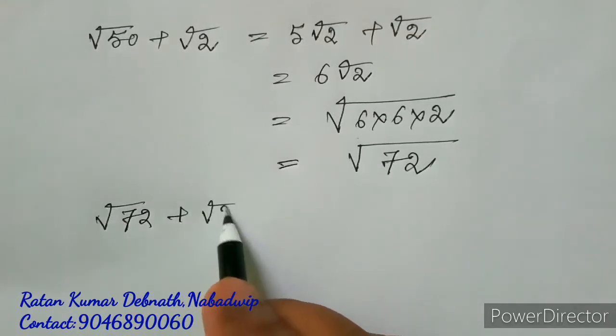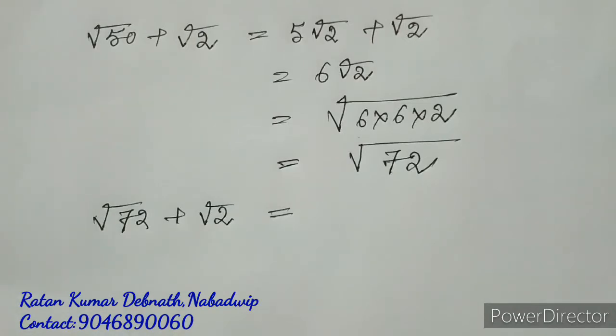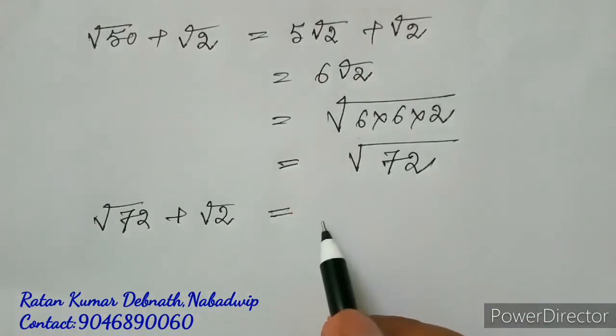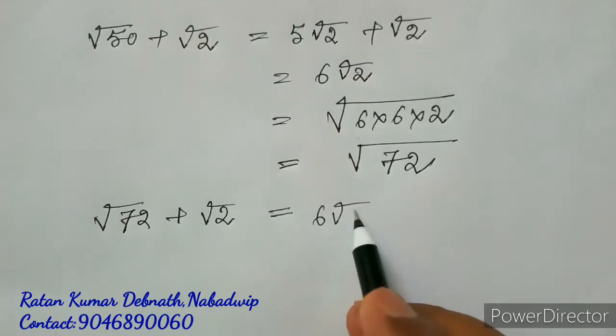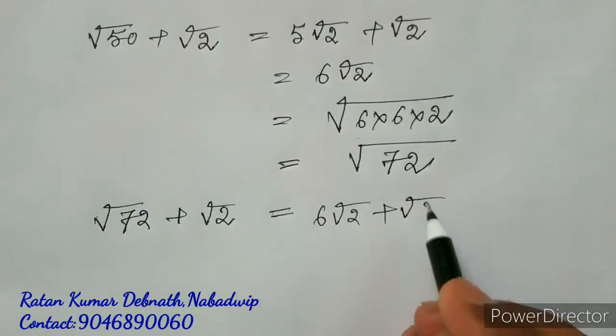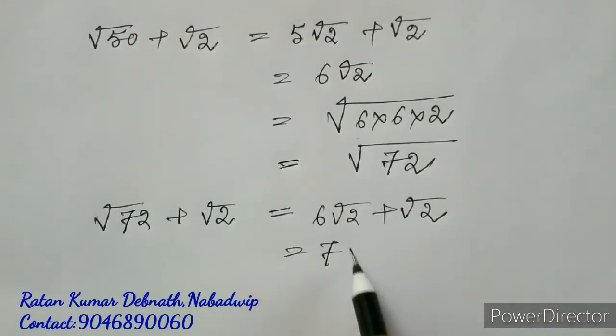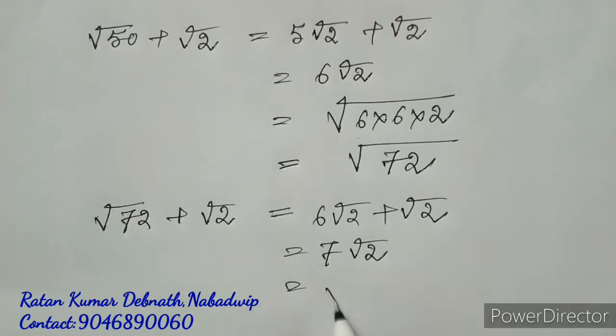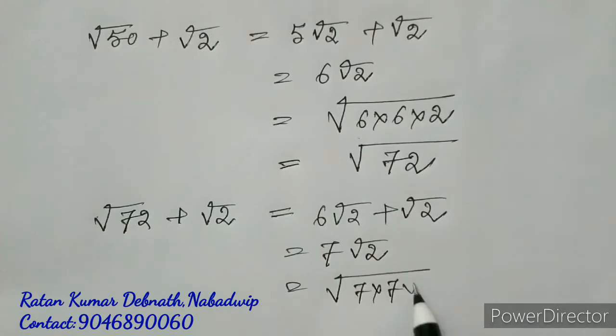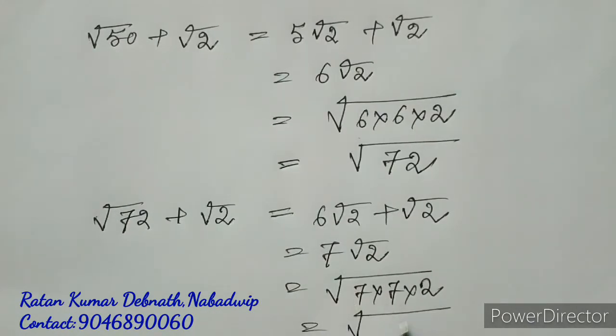Now next term, root 72 plus root 2. Root 72 means 6 root 2 plus root 2 means 7 root 2. Root 7 into 7 into 2, 49, 98.